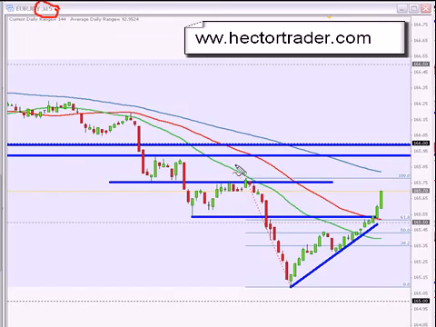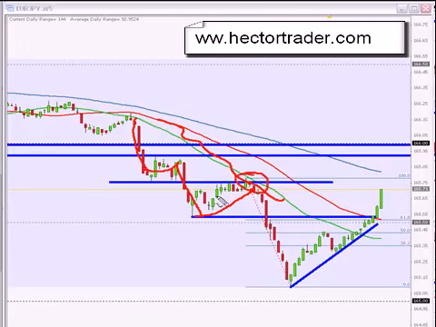Have a look here. Moving averages all pointing down, clearly trending markets to the downside. Price swings down, retraces back to the dynamic area of resistance with a confluence of elements. We have a previous double bottom here, former support, now working as resistance.